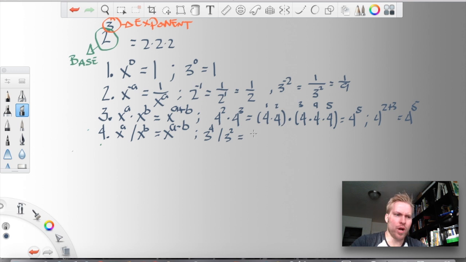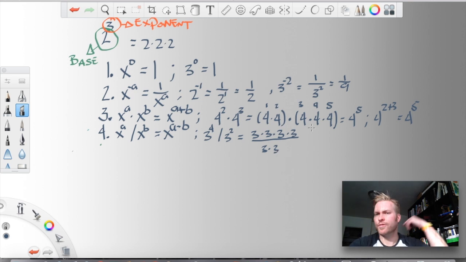In the numerator, I would have 3 times 3 times 3 times 3, or 3 to the 4th, all divided by 3 squared, or 3 times 3. Using our rules of fractions that we've practiced since the 5th and 6th grade, we can just cancel out these factors that are the same. This 3 would cancel out that 3, and this 3 would cancel out that 3, and I would be left with how many 3's?